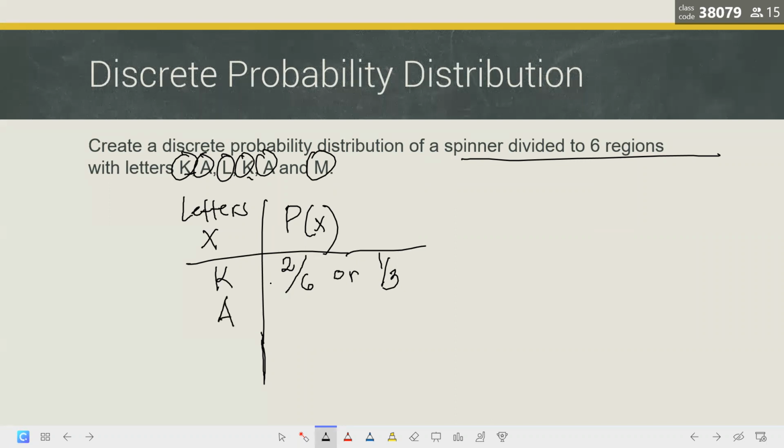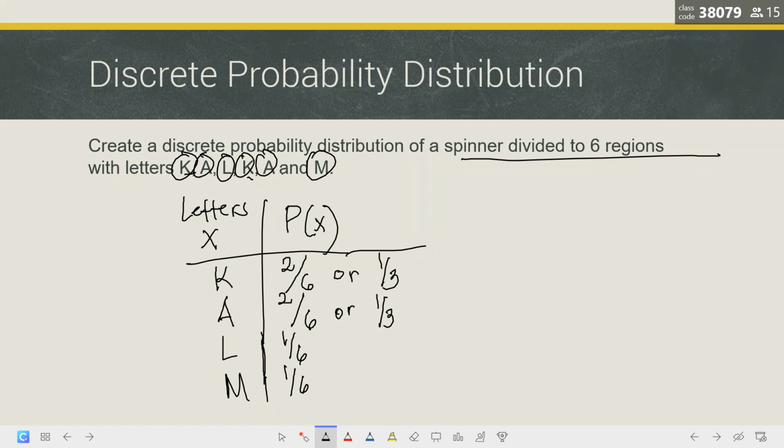Yes. How about A? Alam ang probability natin na A ang makuha dun sa 6 na letters. So that would be 2 A out of 6 letters na meron tayo. So same, reduce natin to lowest term, that would be 1/3. Si L isa lang din. Si M isa lang din naman. So when we add these fractions, the answer would be 1.